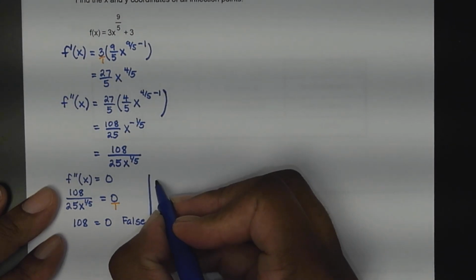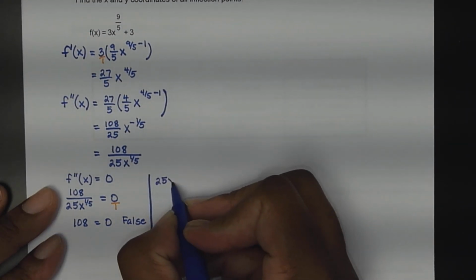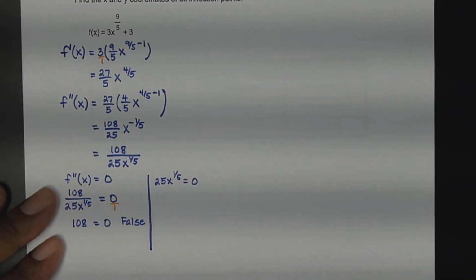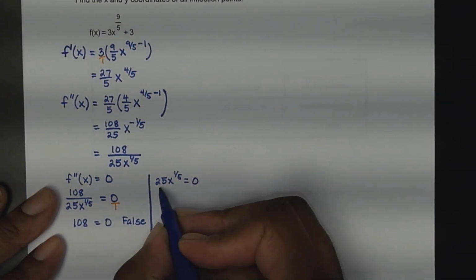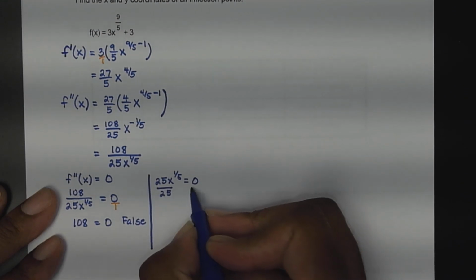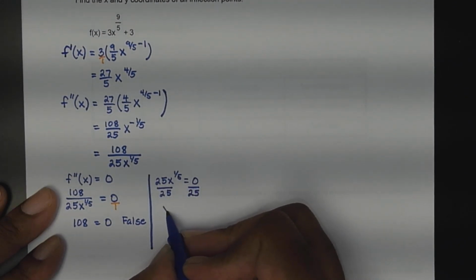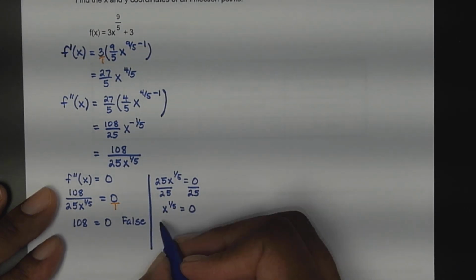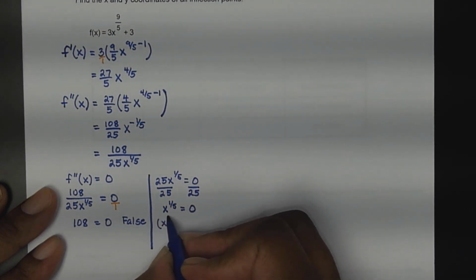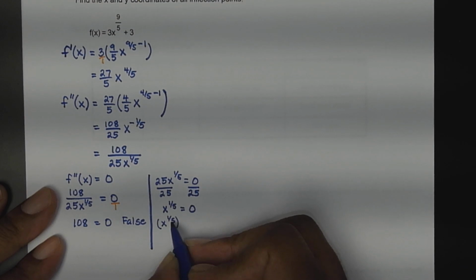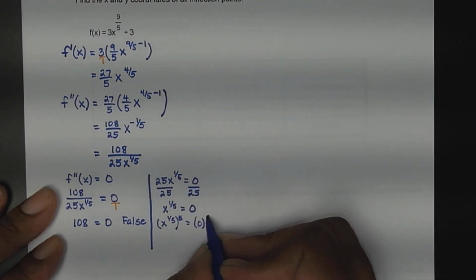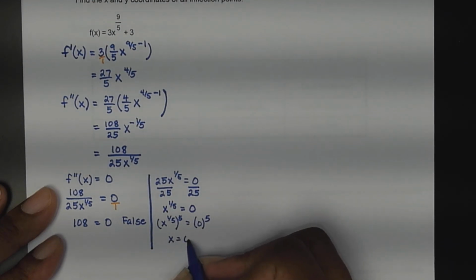Now, you can do this. Take that denominator of 25x to the 1/5, set that equal to 0, and solve for x. If you divide both sides by 25, you'll get x to the 1/5 equaling 0, and then you'll have to raise both sides of the equation by the reciprocal of 1/5, which is 5. You'll see that x is equal to 0.